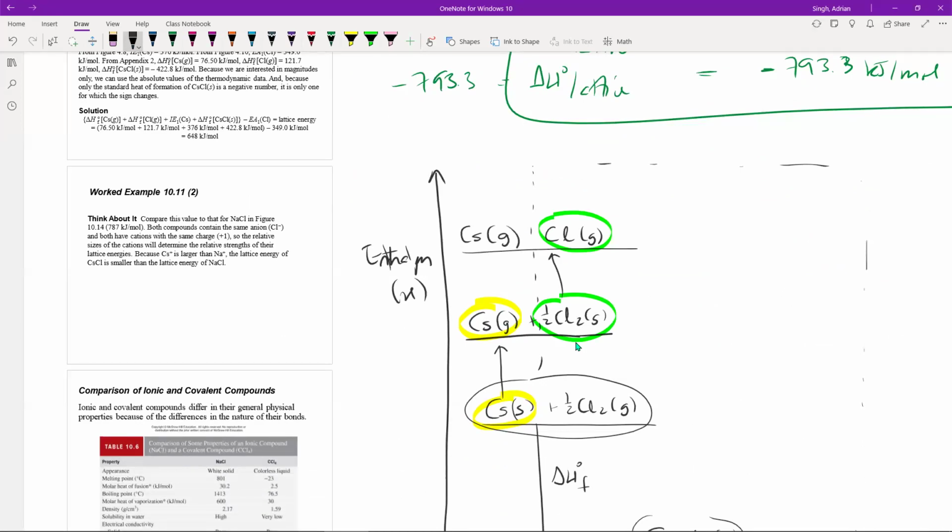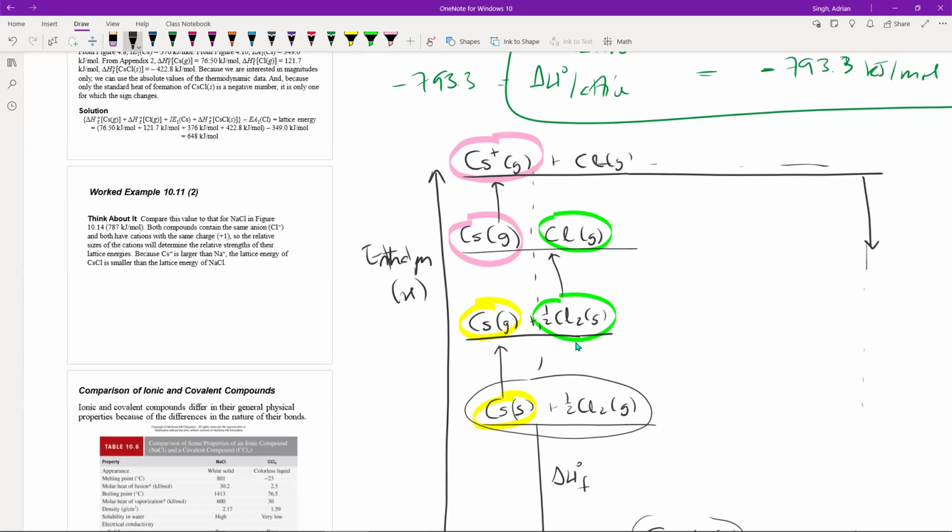Now we need to ionize that cesium. We can provide energy for that to happen to make the cesium ion. So the change happening there is going from the gas to the ion, and I still have the other species remaining from the previous step. Then I need to incorporate the electron affinity for the chlorine in this case.